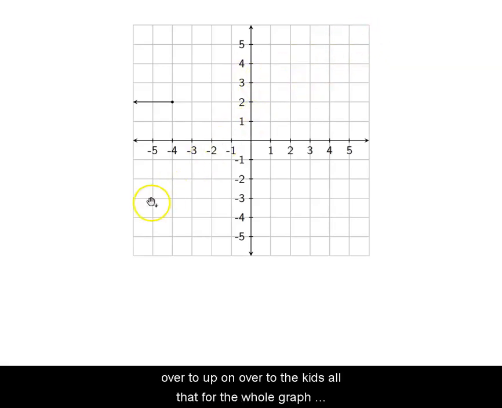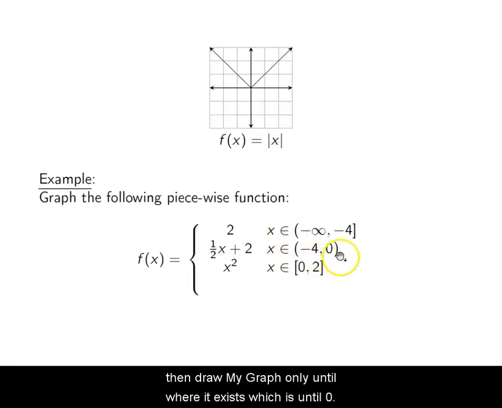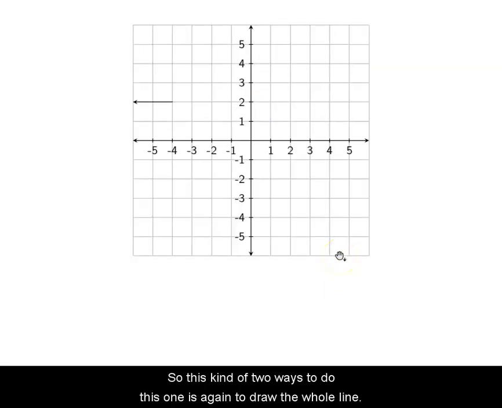I could draw that for the whole graph and then erase the parts where it doesn't exist. Or I can start here, knowing that I go down 1 over 2, down 1 over 2, and then draw my graph only until where it exists, which is until 0. So there are two ways to do this.